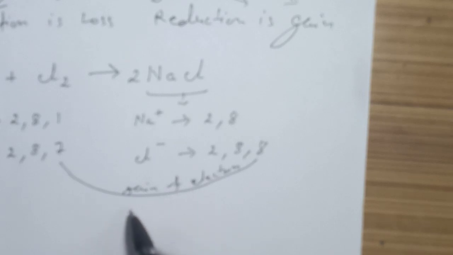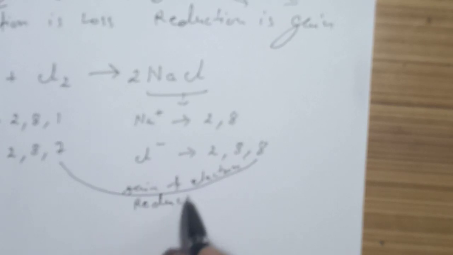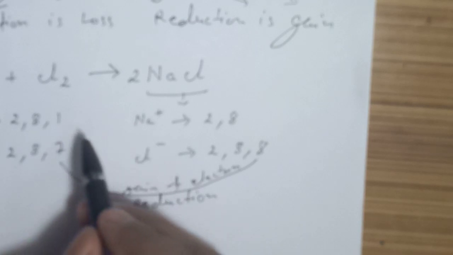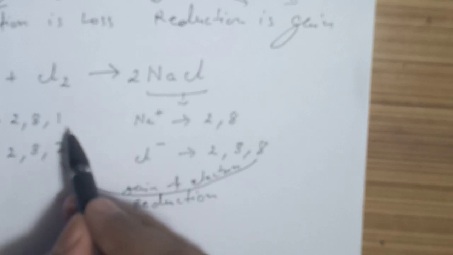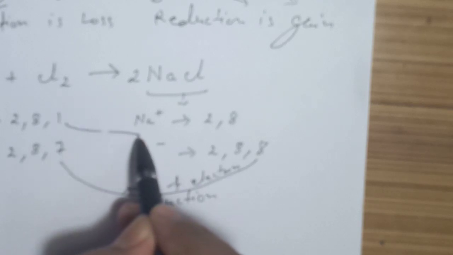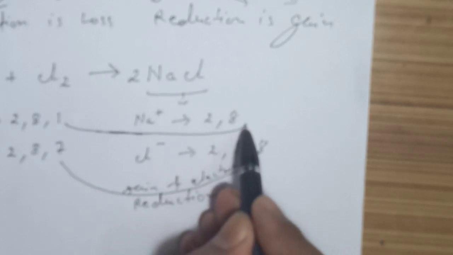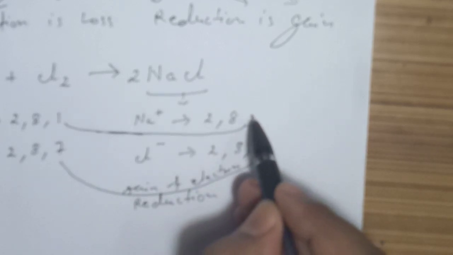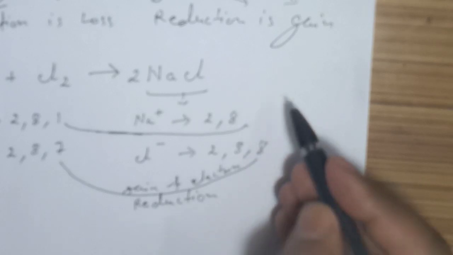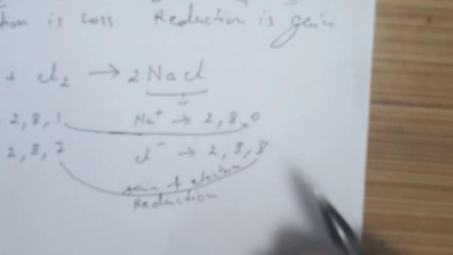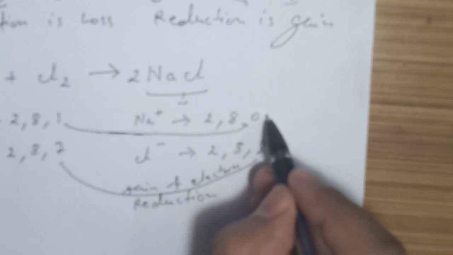Gain of electron is reduction. So this is reduction happening here. While in sodium, we can see this electron was lost. It becomes 0, isn't it? So that's a loss.